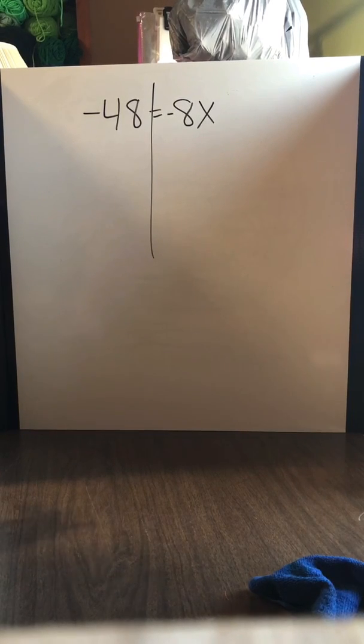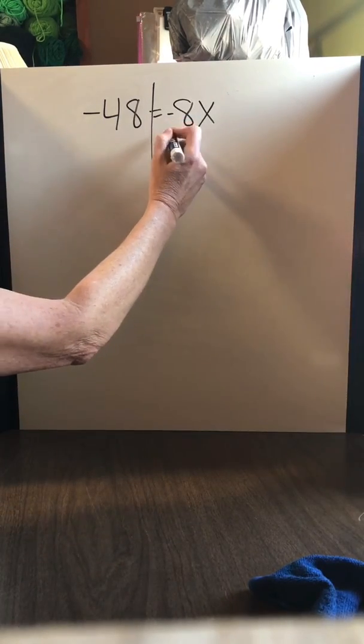We want to isolate the variable x, but we have a negative here. No big deal. We just need to make sure that that negative is also gotten rid of. We do not want to find out what negative x is. We want to find out what x is. So we want to divide by whatever's in front of the x. This is actually negative 8 times x. So we can divide by the negative 8.